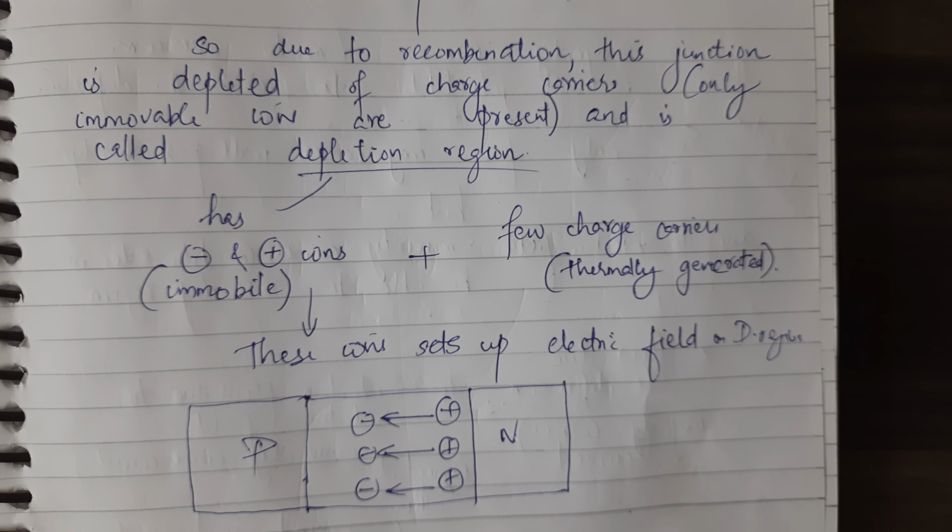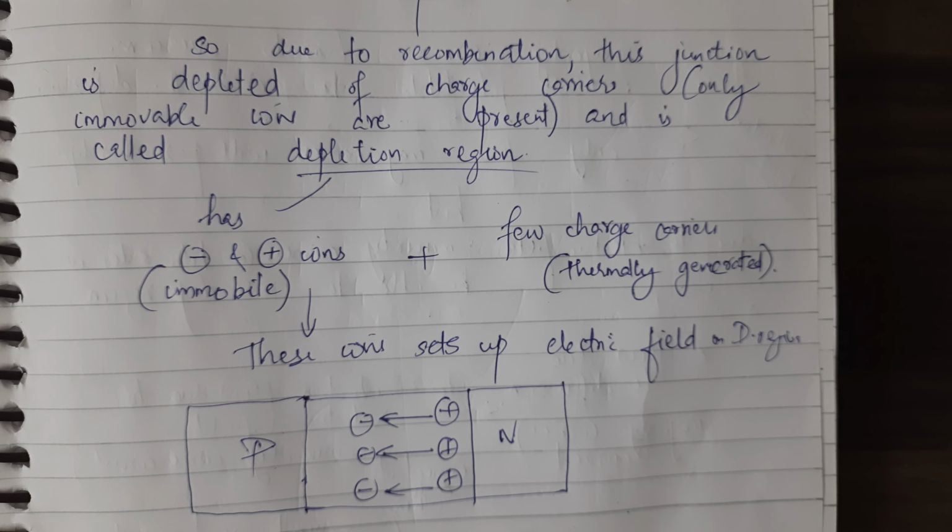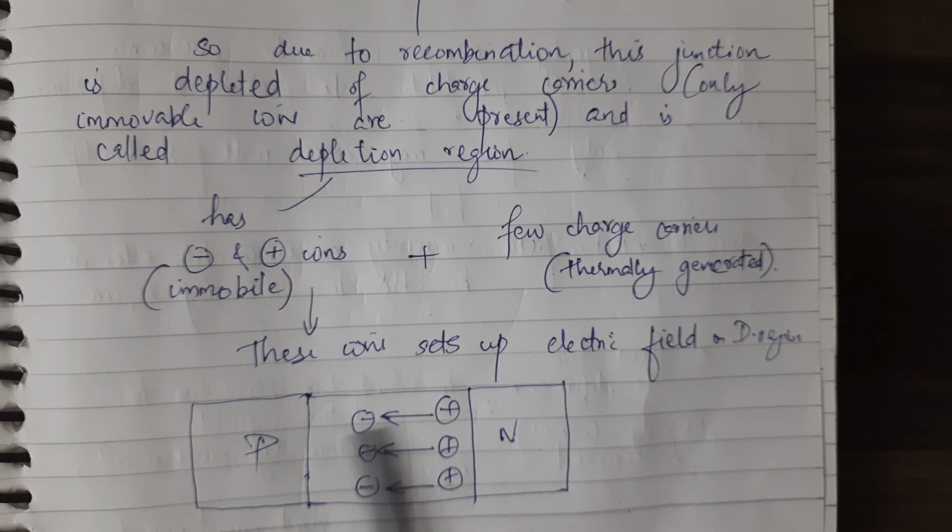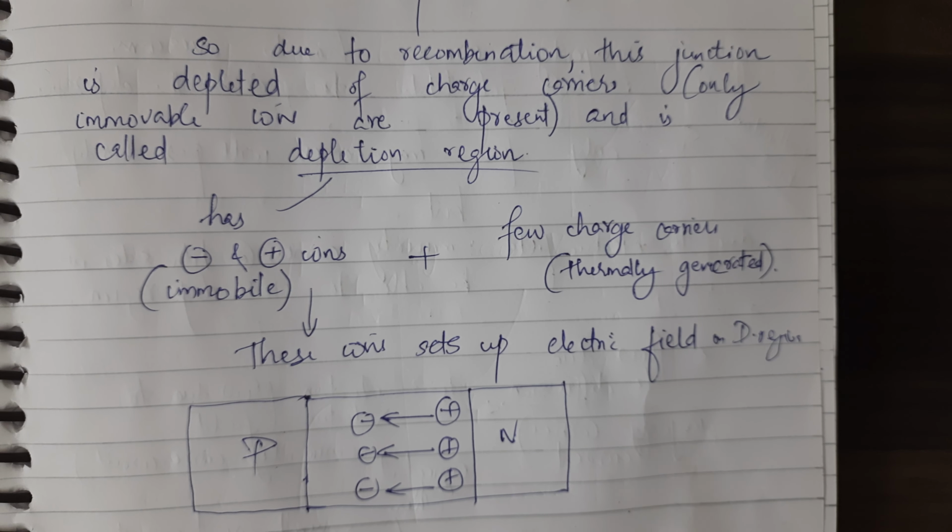So the majority carriers cannot cross this junction due to this barrier potential. For example, for silicon it is 0.6 volt and for germanium it is 0.3 volt. So we have to apply an external voltage which is more than that barrier potential.